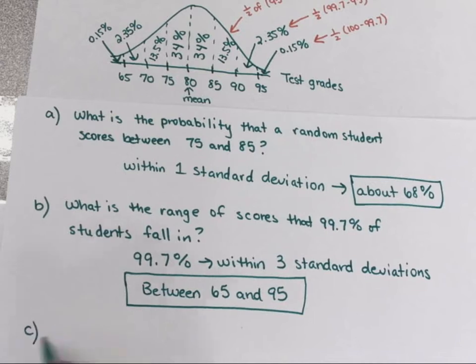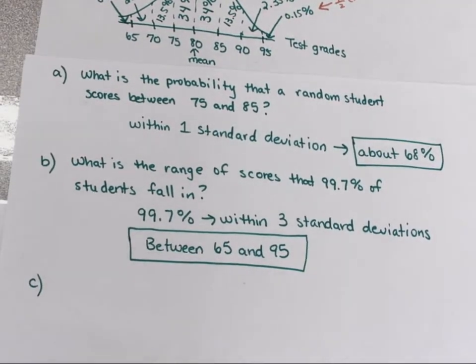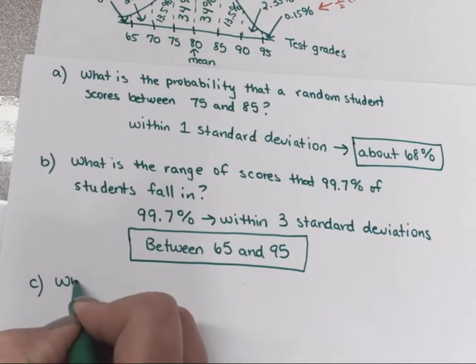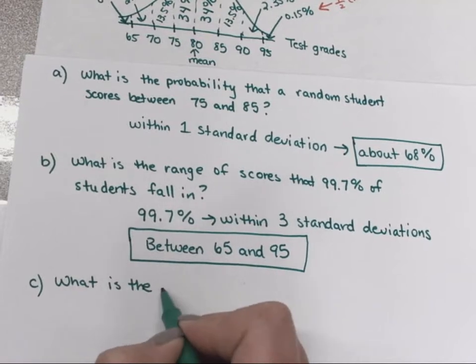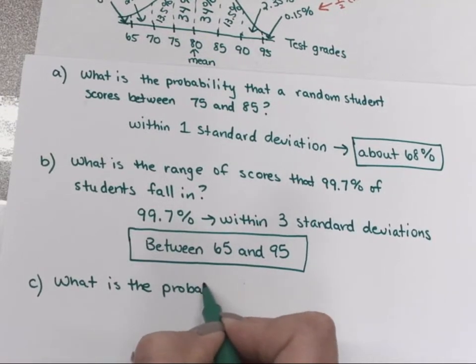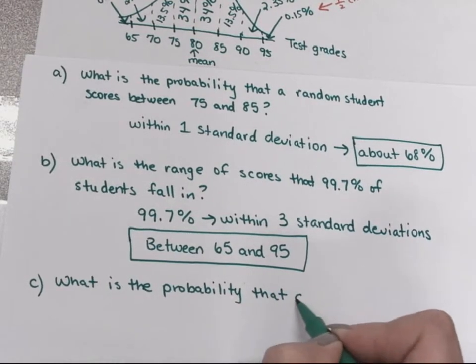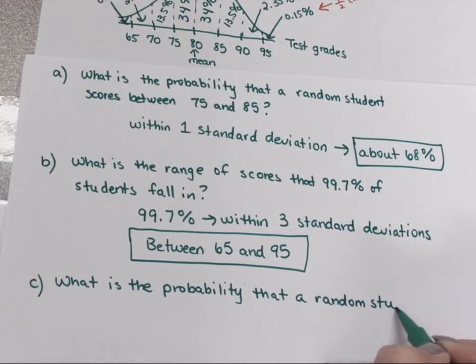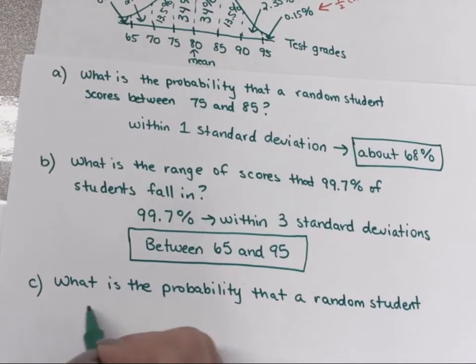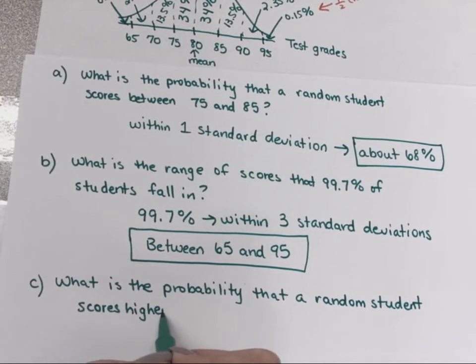All right, so let me ask you some maybe more challenging questions as we go. I want to keep my graph up there. So part C, what is the probability that a random student scores higher than 95?